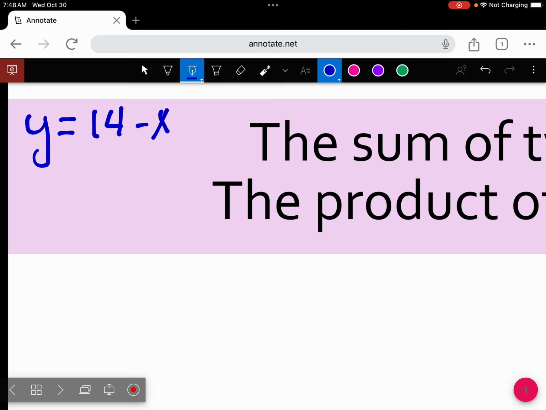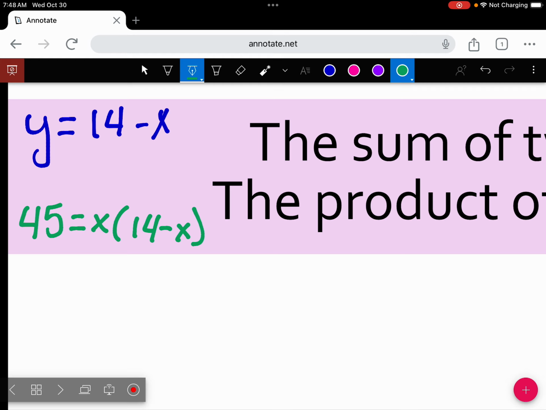Then I'm going to take that y equals and substitute it into my other equation. So we're going to have 45 equals x times 14 minus x, or minus x plus 14, either way.